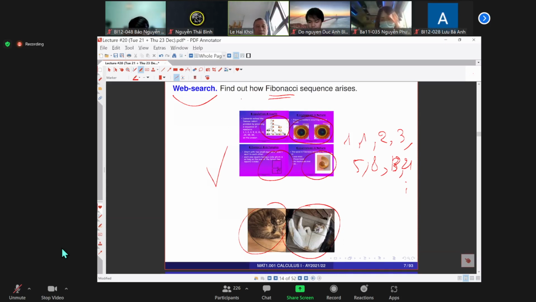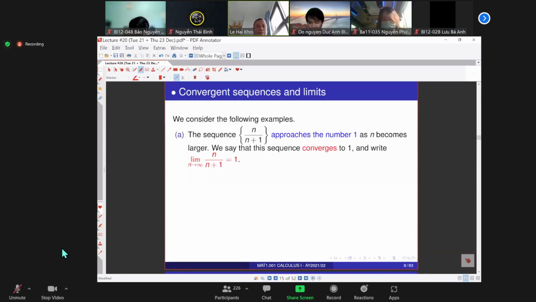So, now we already have definition of the sequences. And the question now is, can we talk about the convergence of sequences and their limit? Look at example. We look at this sequence.